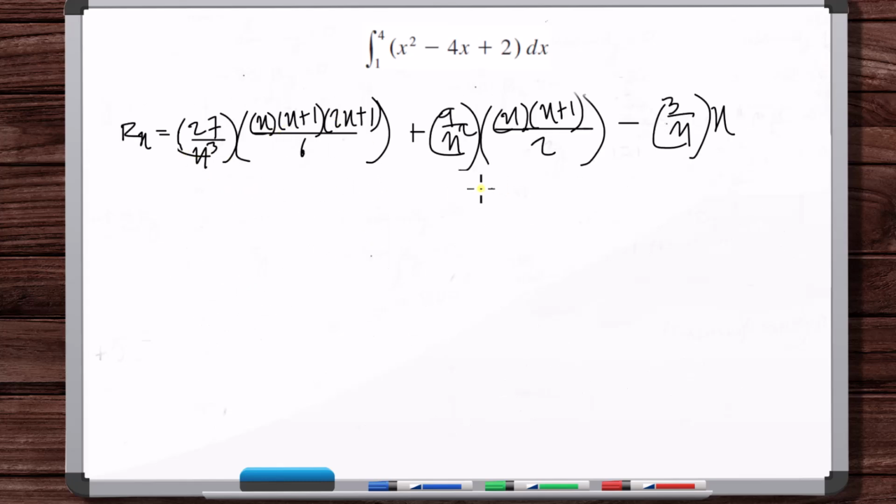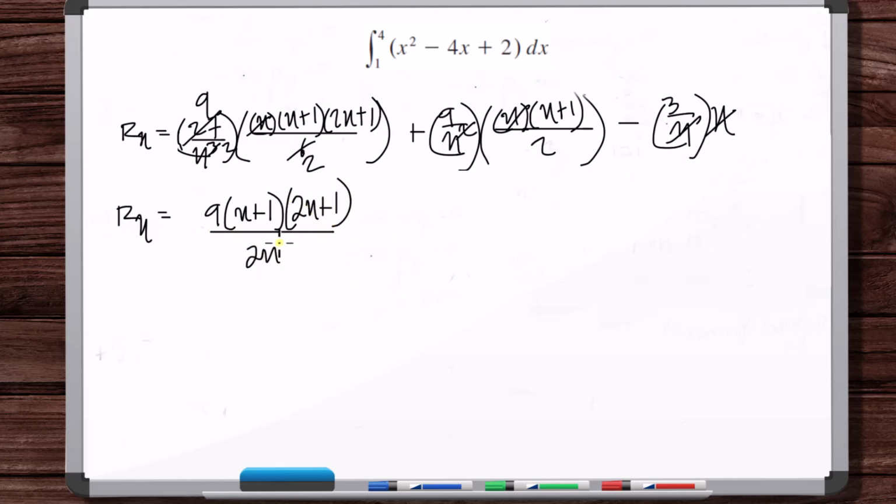Okay, so now let's simplify. These n's cancel. We're left with just 1 n there, and so 27 divided by 3 is 9, 6 divided by 3 is 2. You got 9. Let's combine these.